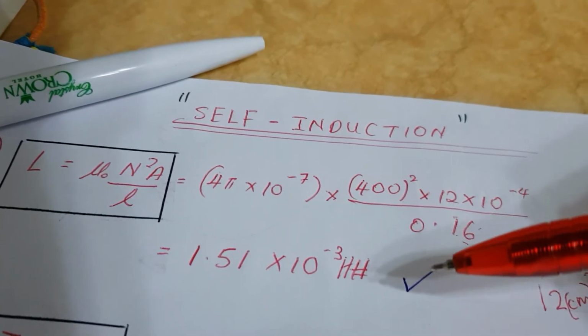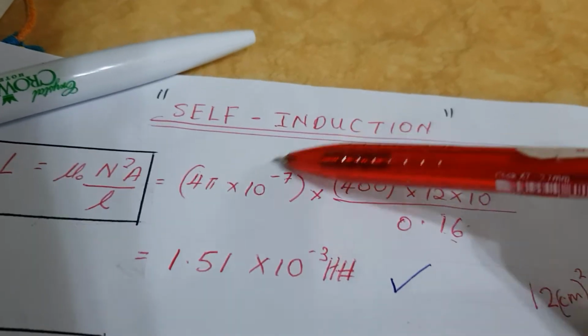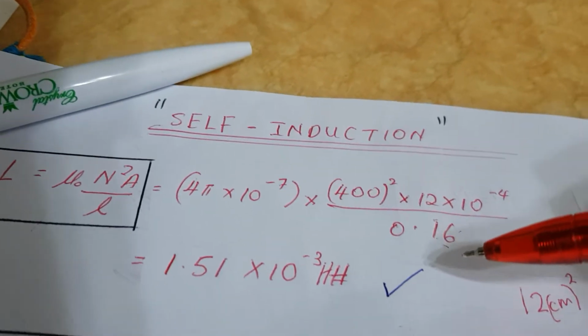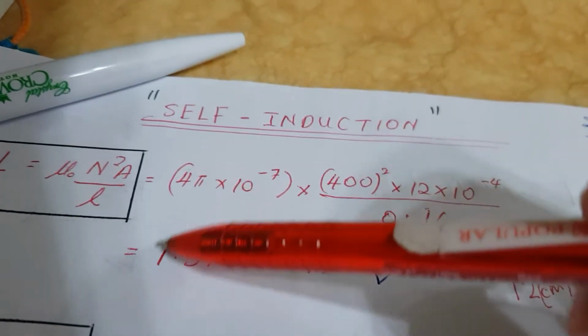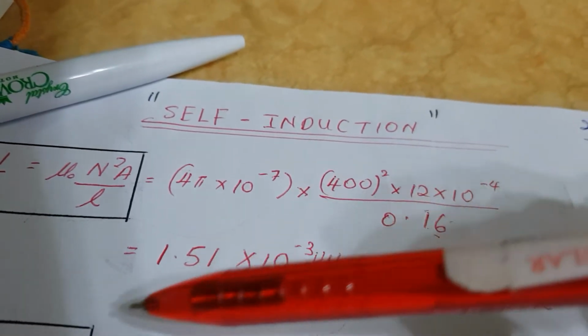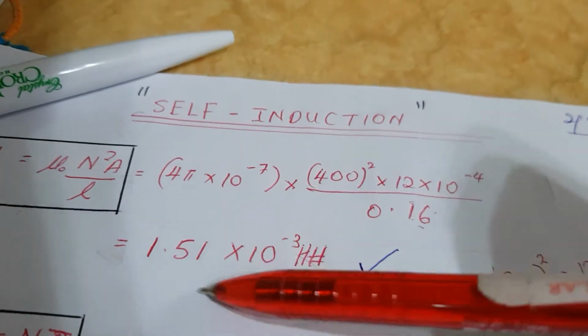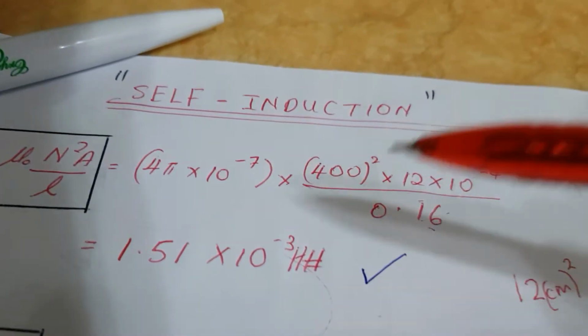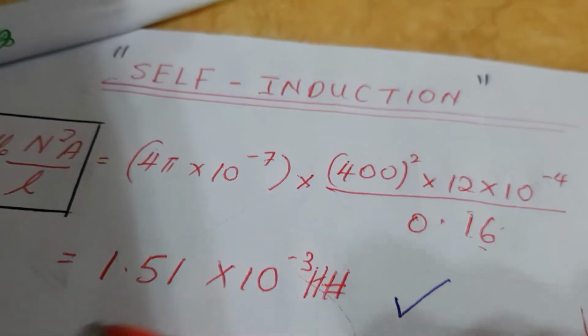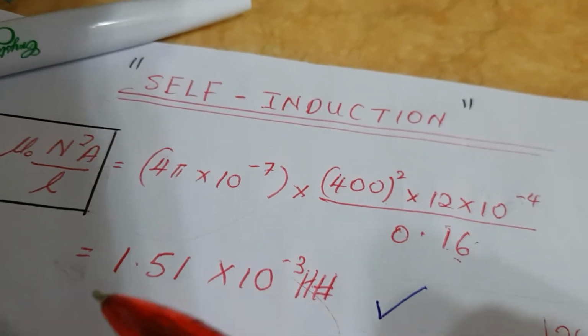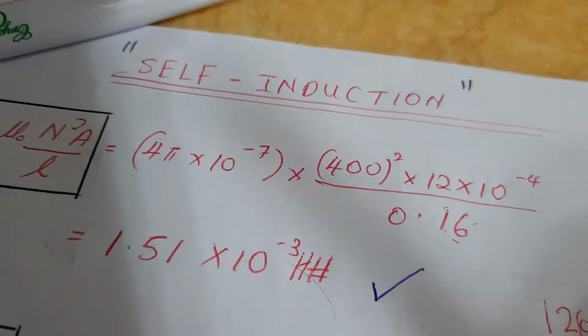When you calculate this, you're going to get 1.51 times 10 to the power of negative 3 Henry. The smallest SF here is 2, so you may answer your final answer as 1.5 millihenry, which is accepted here. Okay, 1.51 or 1.5. You cannot put the answer 1.50.